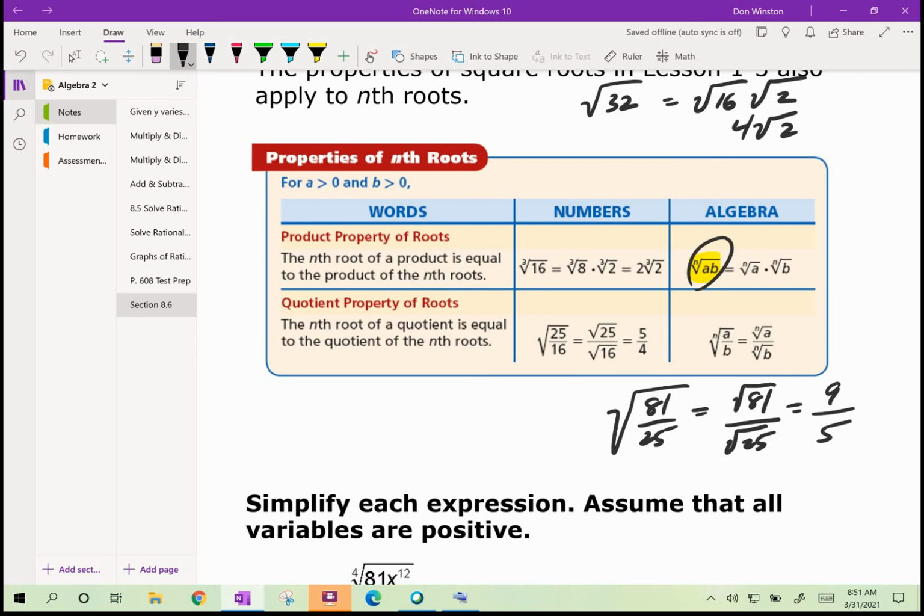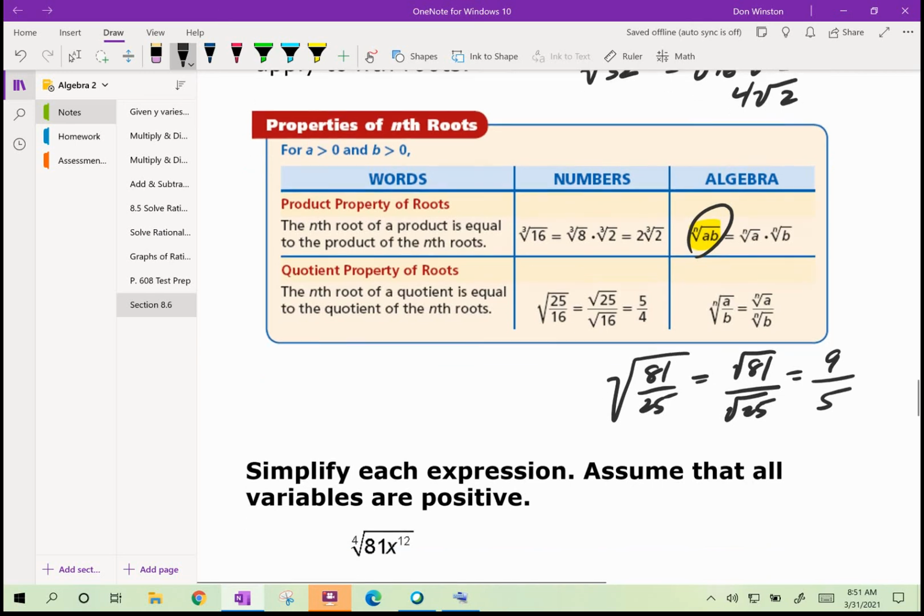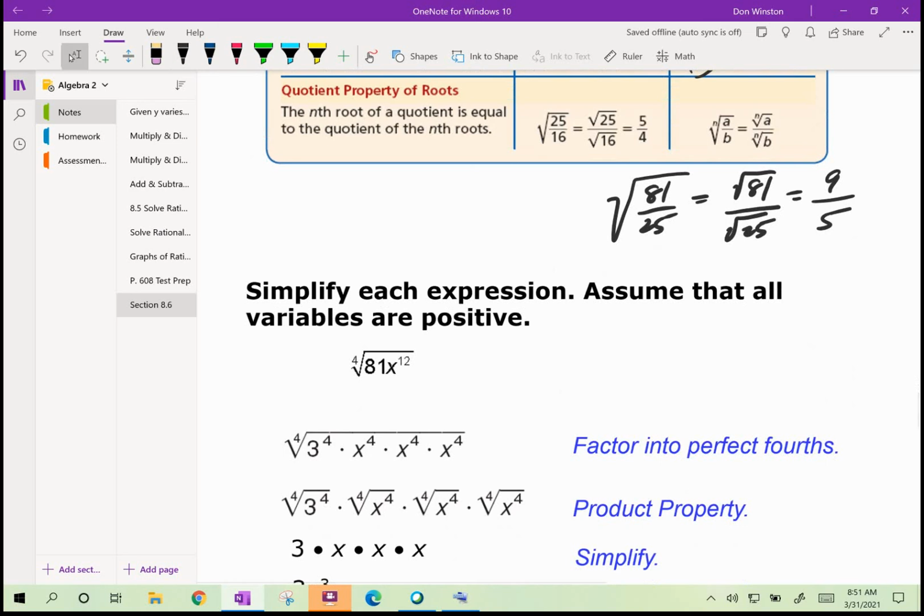So let's look at simplifying radical expressions. Here we have the fourth root of 81 times x to the 12th. When you're working with variables in radical expressions, for example the fourth root of x to the 12th, my index is 4. I want to find the largest multiple of 4 in that exponent.